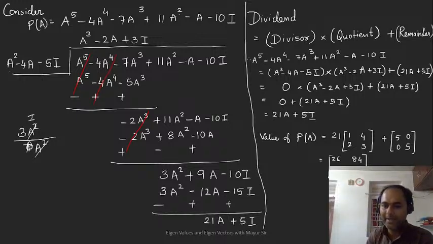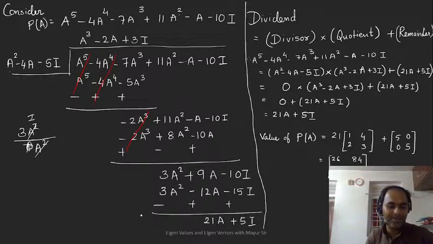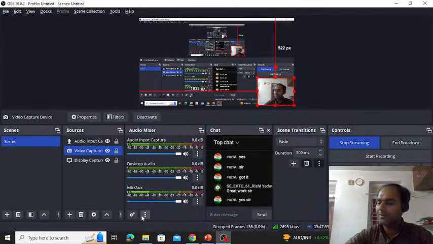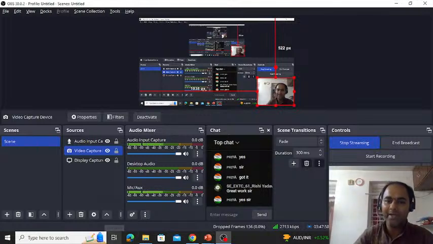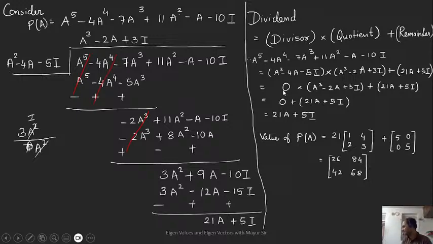Oh, let me write this answer somewhere else because it is hiding behind the screen. I'll just reduce the size of the camera here. Okay, this will give you the thing.